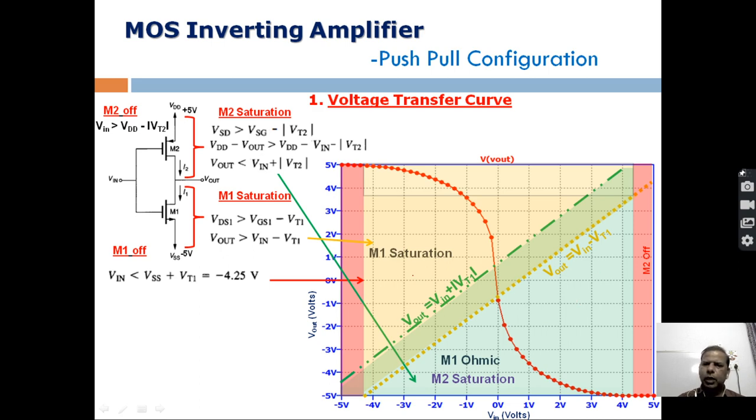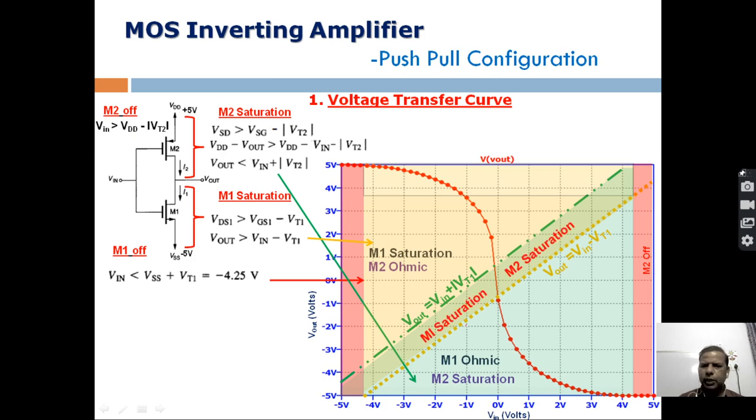Above this, M2 will be in the ohmic region. So this is the boundary for M2, and this is the boundary for M1, right? Below this, M2 is in saturation, and above this, M1 is in saturation.